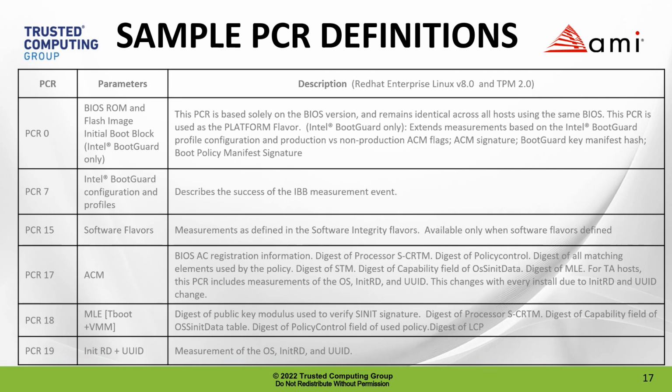PCR 7 is specifically for Intel Boot Guard configuration, since we collected this information from Intel Boot Guard. PCR 15 is specially used for software flavors by our application. PCR 17 is for ACM and PCR 18 is for MLE, for legacy BIOS with the tboot options. PCR 19 is used for measurements of the operating system initrd and the UUID of the platform. These are some sample PCR definitions, and all the PCR definitions are based on the TCG TPM specifications.